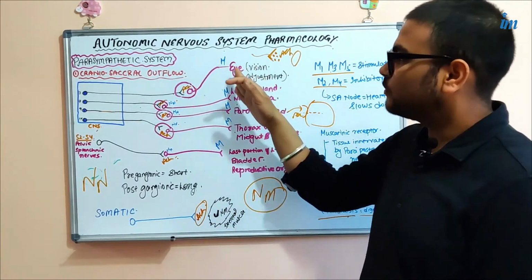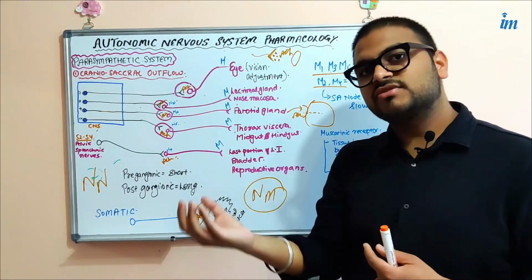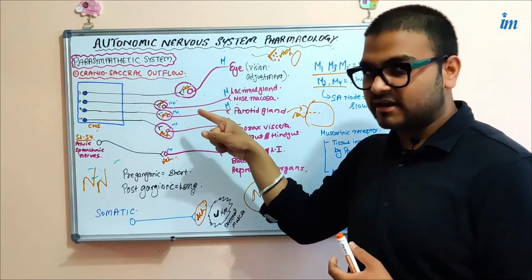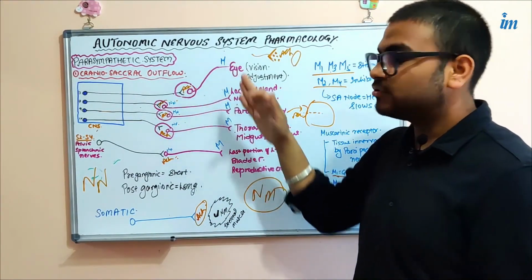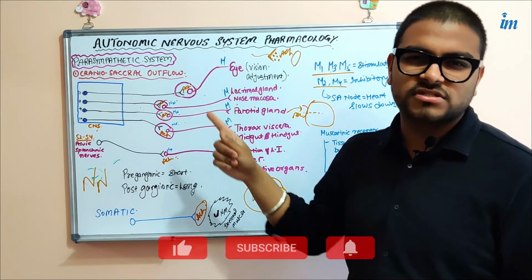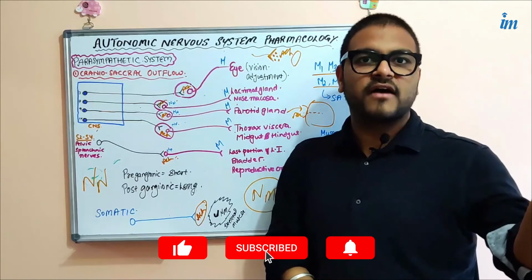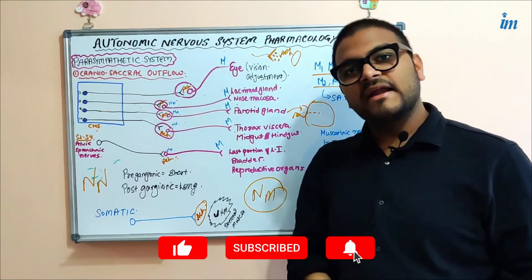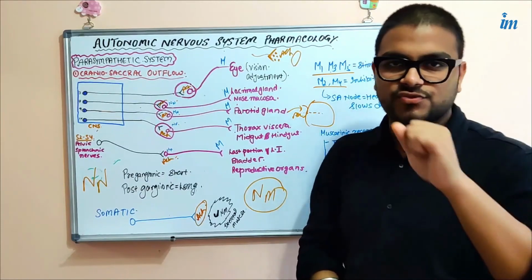The parasympathetic will do the contraction of the pupils and accommodation for near vision if it is activated. But if the sympathetic is activated, the postganglionic neurons of the sympathetic nervous system on the eye will cause the eye to accommodate for far vision. The lens will be accommodated for far vision and the pupil will be dilated, not constricted.